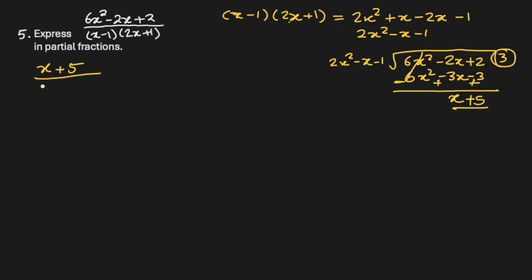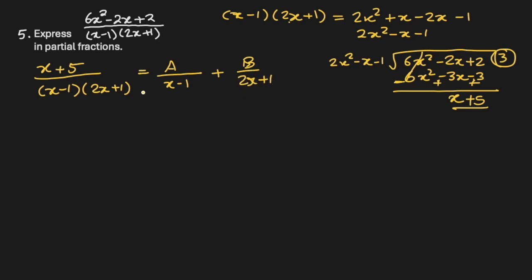divided by x minus 1 and 2x plus 1, and we have to assume this as a divided by x minus 1, so that we separate the two denominators we are multiplying, and b divided by 2x plus 1 here.